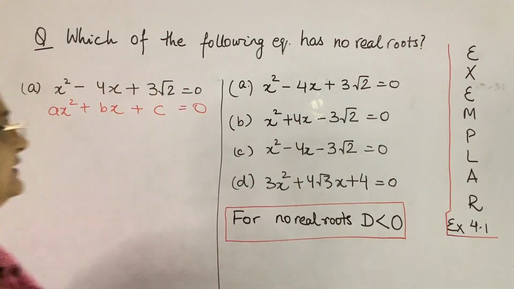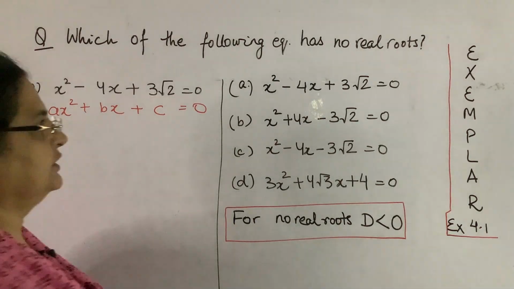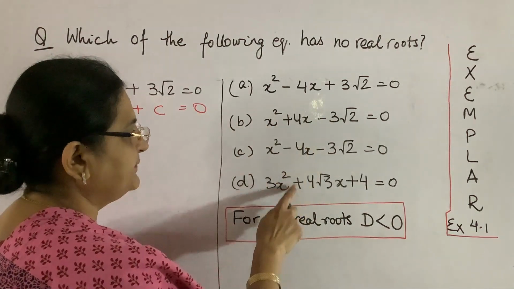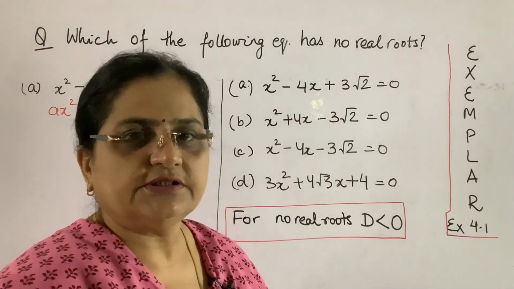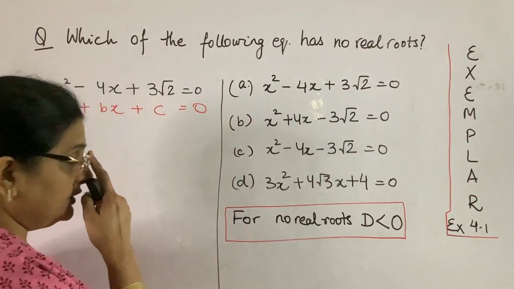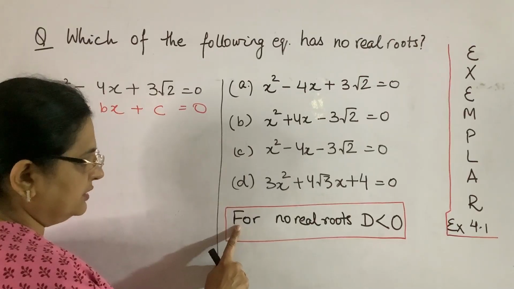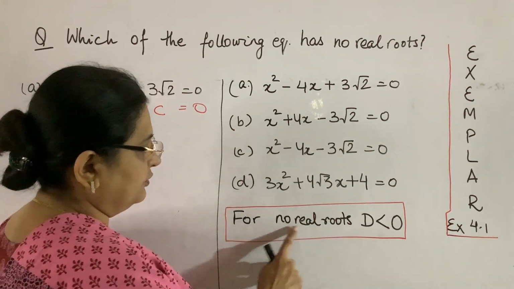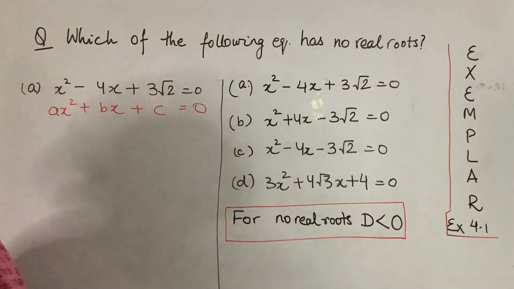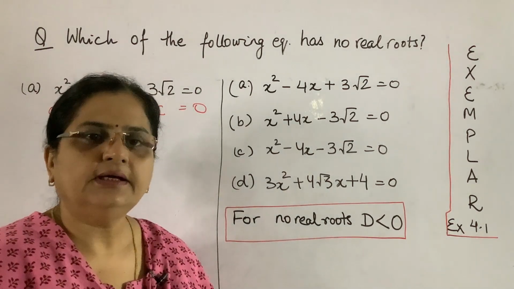So the question says, which of the following equations has no real roots? These are four equations given and we have to say which equation has no real roots. So how do we go in for thinking? सोचना कैसे हमें? We will make sure that we know this. For no real roots, discriminant is less than 0 or discriminant is negative.